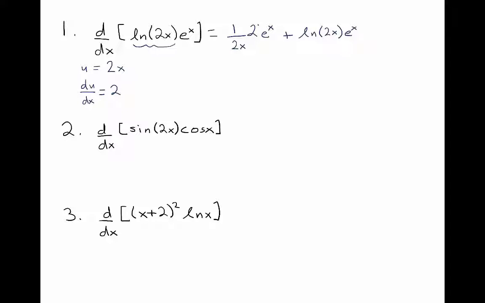So these 2's cancel out. And I like to simplify, so I'm going to pull out the e to the x. But that's just my personal preference. Whether you want to rearrange things or not really depends on what the next step in a problem is.